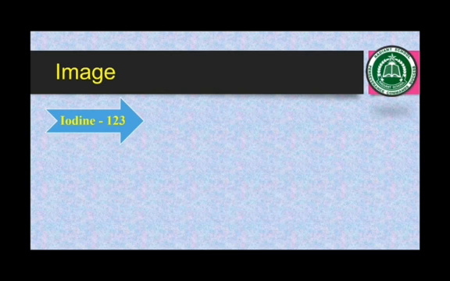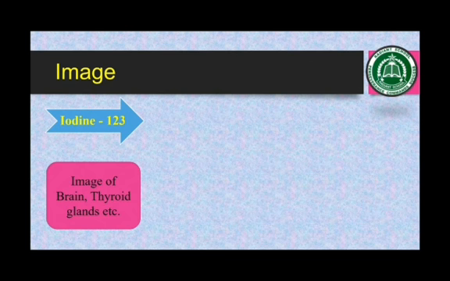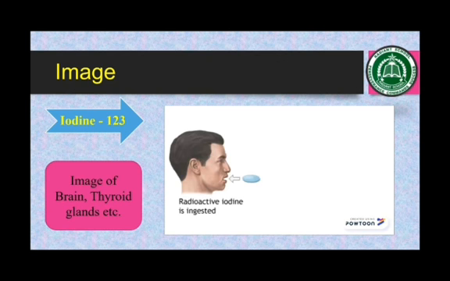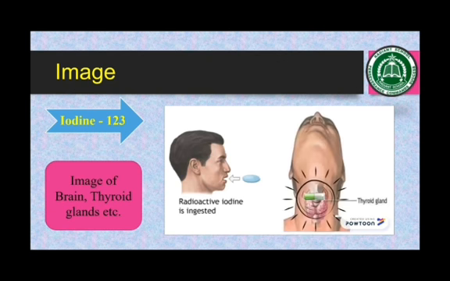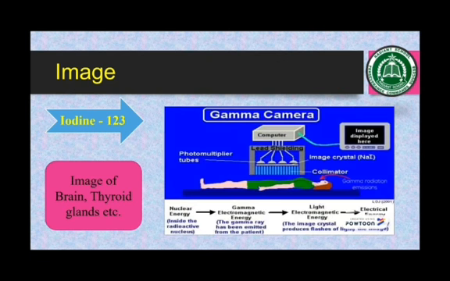Radioactive isotopes are also helpful to take images. Iodine 123 is used to take images of the brain and thyroid gland, etc. Let's see how. Radioactive iodine is ingested in the human body. After some time, it accumulates in the thyroid gland and emits gamma radiations. 6 to 24 hours later, a gamma camera detects the gamma radiations released by the decaying of iodine in the thyroid gland.